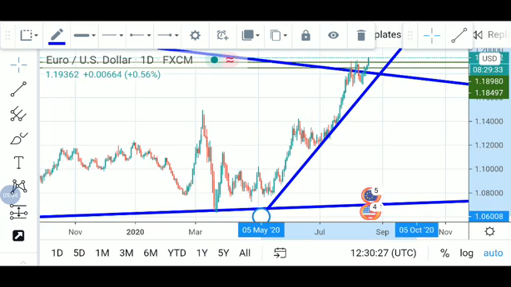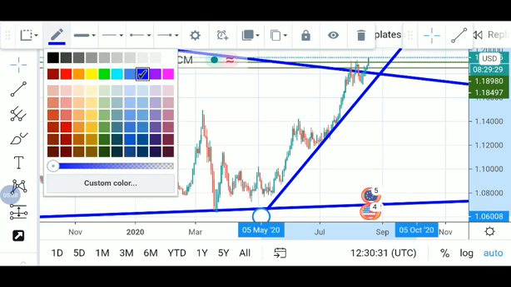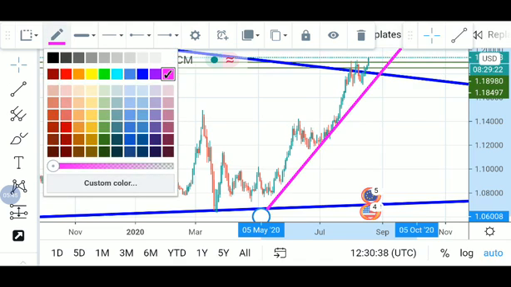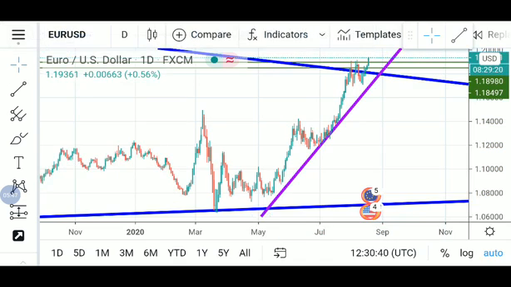So we go there. Let's change that to yellow or purple. Yeah, it looks more like pink. It's okay. Alright, so we lock this.